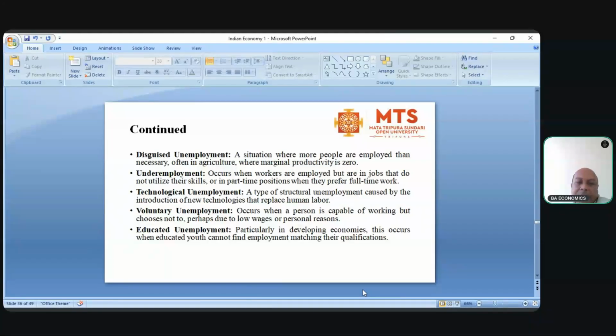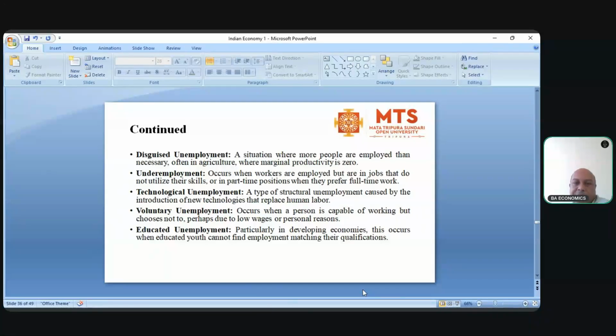Voluntary unemployment basically does not fall under actual unemployment. Those people who do not want to work can be called voluntary unemployed persons. Many times in society, it is possible that people have a huge amount of inherited assets.